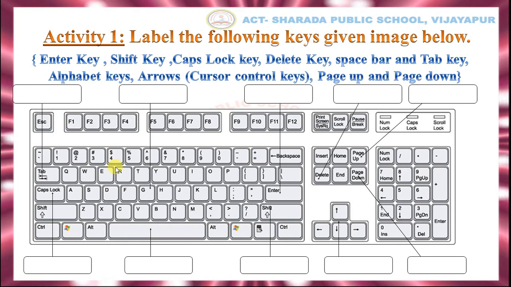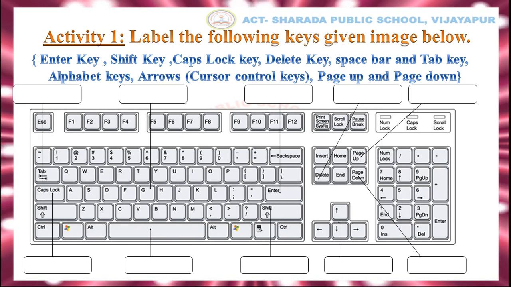Here you can see the image of keyboard. Children, you need to identify the correct key and write their names in the box given. I have done 2 for your reference.